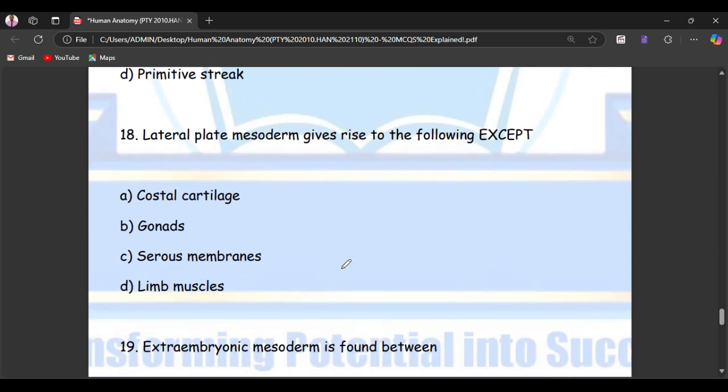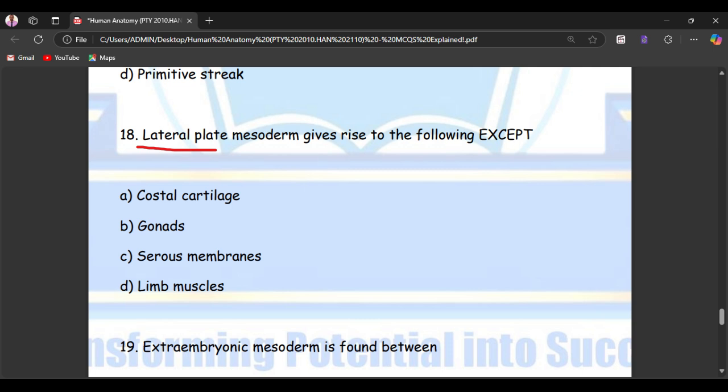Okay, we go to question number 18. Question number 18 says lateral plate mesoderm gives rise to the following except.